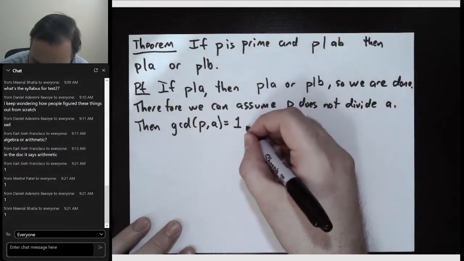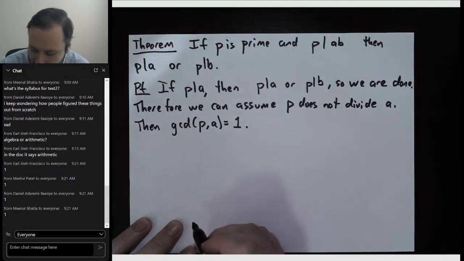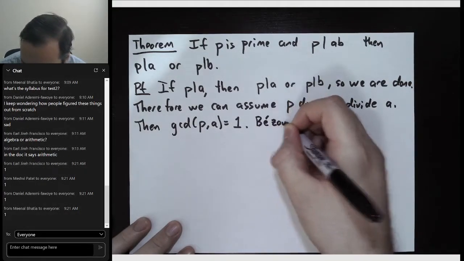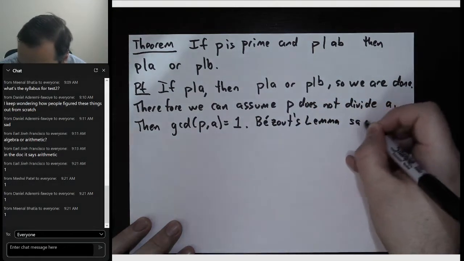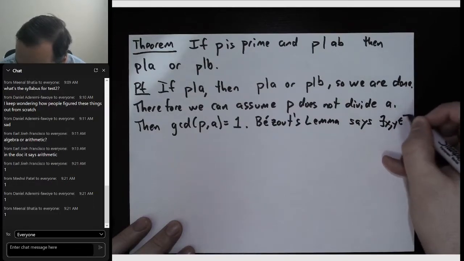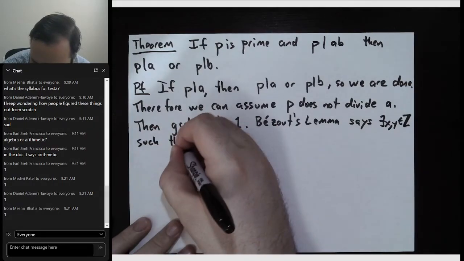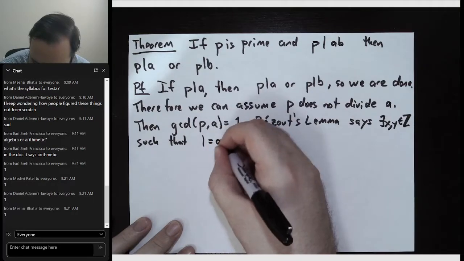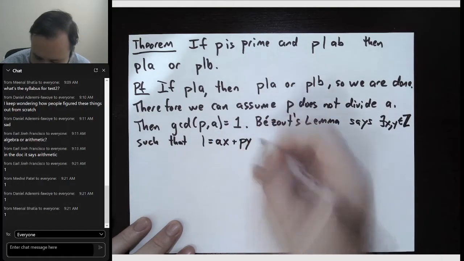Well, we've just seen that if the GCD of P and A is 1, Bézout's lemma says that there exist integers x and y such that 1 is equal to ax plus py.